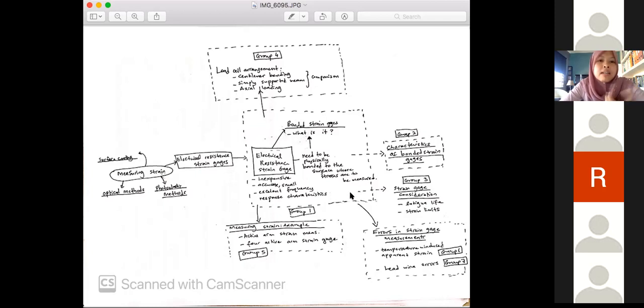Kalau you tiba-tiba pergi kat topik measuring strain example, you tak baca pun yang first ni, susah sebenarnya. So basically you have to go through the whole so that you understand, so that bila kawan present, you boleh relate to your topic and you can have an interactive discussion dengan kawan-kawan. Kalau tak faham nanti saya akan cuba bantu pemahaman you all. Okay?